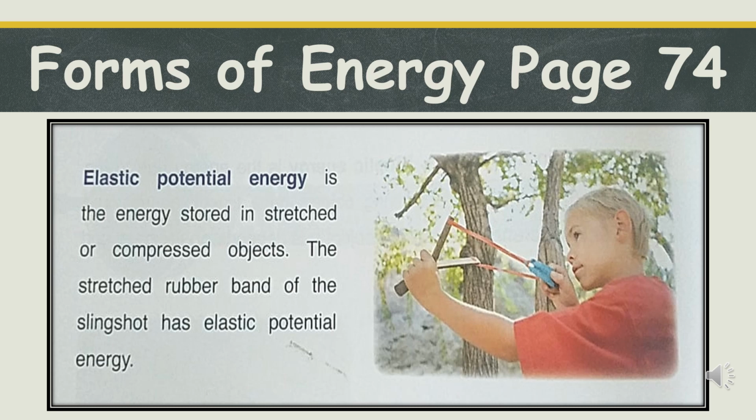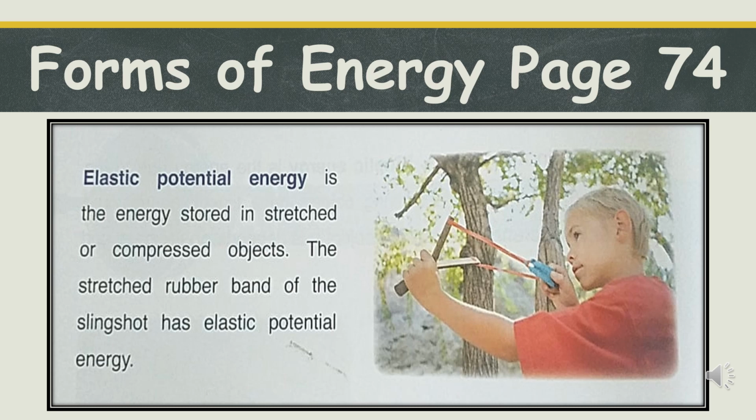Another potential energy is the one I showed you before, elastic potential energy. Elastic potential energy is the energy stored in stretched or compressed objects. For example, that rubber band. If you stretch the rubber band, the potential energy is in the rubber band.